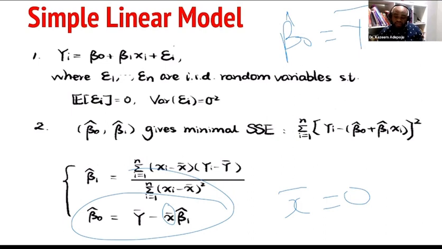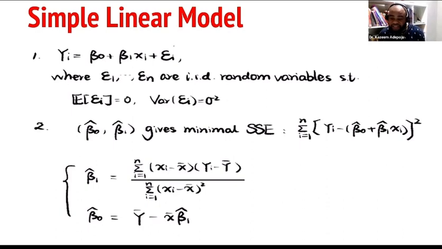So we're actually going to have a condition. What we expect is that they're actually going to depend if x bar is not equal to 0. But if x bar equals 0, they're actually going to be independent. And how are you going to investigate for independence in statistics? You need to look at the covariance.